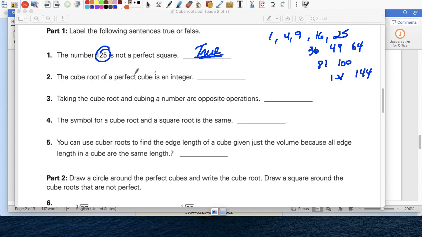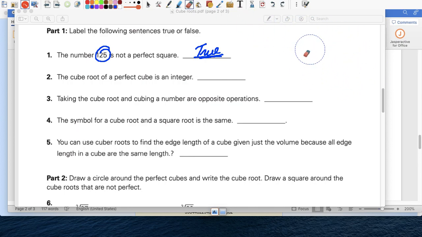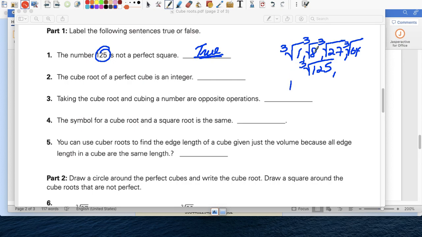That's absolutely true. The cube root of a perfect cube is an integer. So again, go through your list of perfect cubes. 1, 8, because that's 2 times 2 times 2, 27 is 3 times 3 times 3, 64, 125. If you took the cube root of these, the cube root of 1 is 1, cube root of 8 is 2, cube root of 27 is 3, cube root of 64 is 4, cube root of 125 is 5.